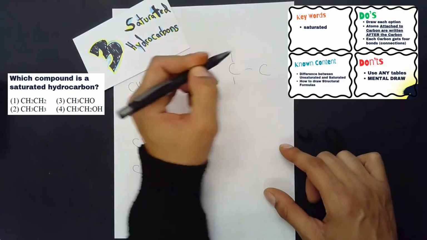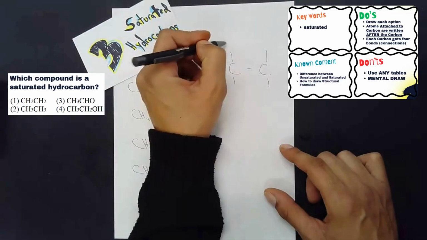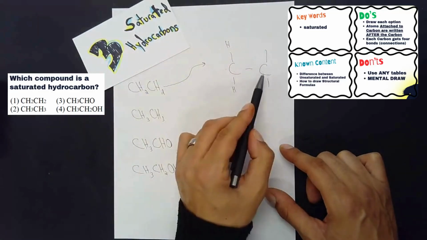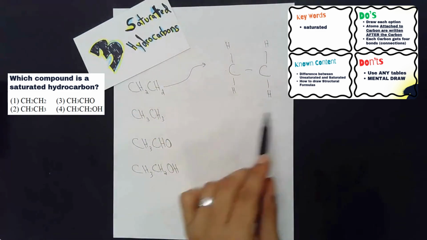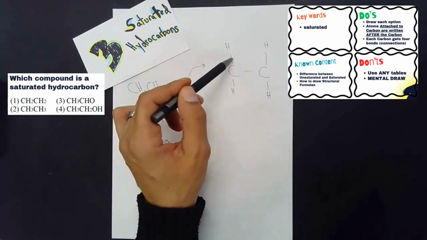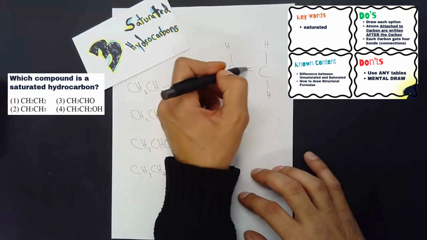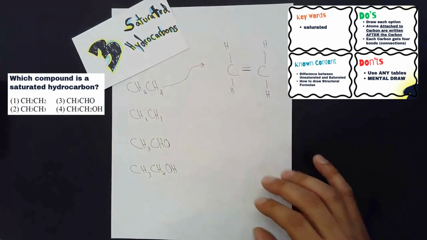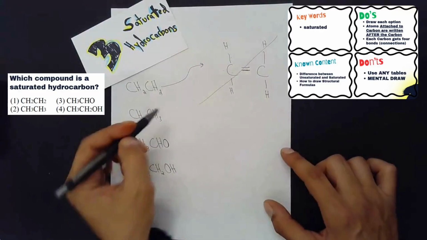And we can just open them up because this carbon has 2 hydrogens on it, and so does the other carbon. In order to make sure our molecule is good, every carbon has to have 4 connections. These 2 carbons both have 3. The only way to get my 4th is to create a double bond, and that is not saturated.